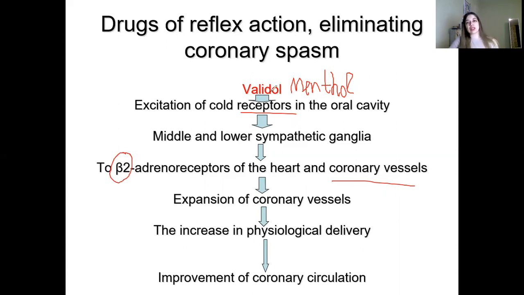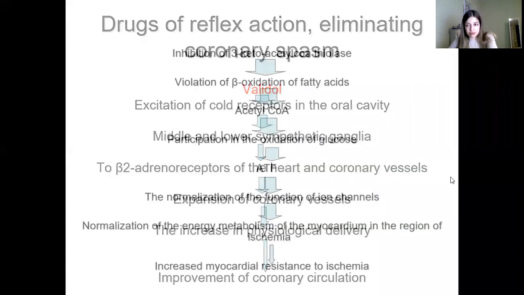So it leads to expansion of the coronary vessels, which increases the physiological delivery of oxygen, O2, and it improves the coronary circulation. As I said, this is not that effective because more often is the situation when the vessels will not dilate because they have, for example, the atherosclerotic plaque.